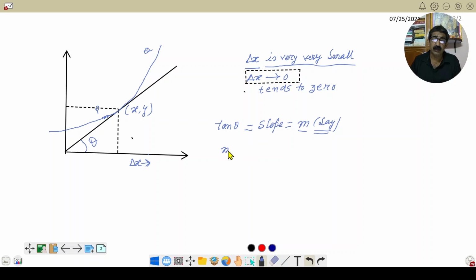So m is equal to delta y by delta x, under a condition. What is the condition?